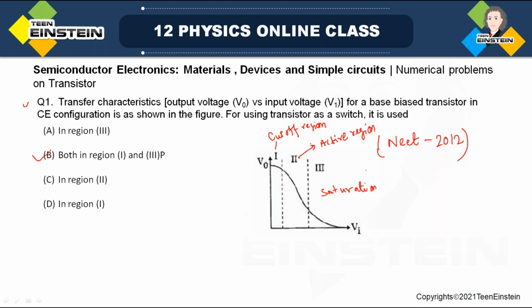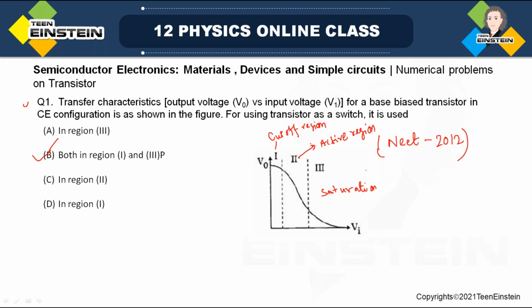If you want to use a transistor as switch, then your transistor has to be operated either in cutoff region, region 1, or saturation region, that is region 3. It should never be in the active region. This is the answer.